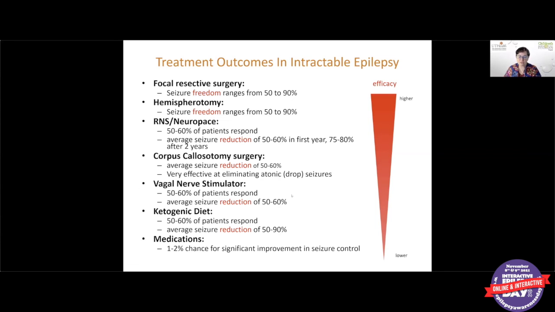It can reduce seizures by 50 to 60% in patients who really aren't responding well to medicine. So you go from the bottom, which is having a 1 to 2% chance of seizure control if you're not responding to medications, to 50 to 60% seizure control or reduction, and then all the way up to 50 to 90% seizure freedom with surgery.